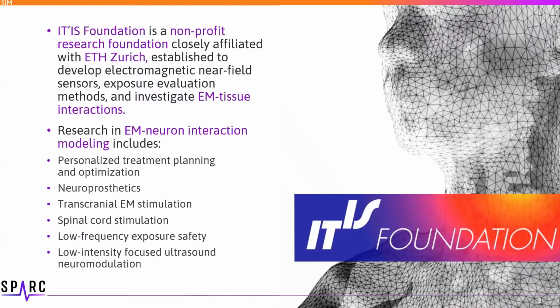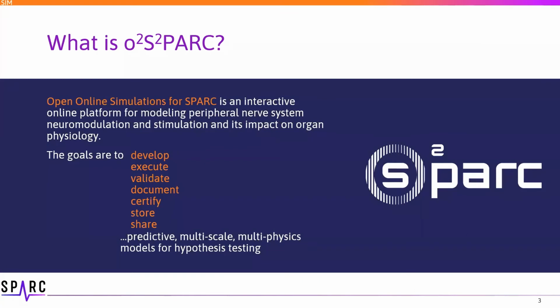So here's a list of some of the most common types of research that we have been involved in regarding EM fields and neural interaction modeling. Because of this existing experience with these areas and their significant overlap with SPARC's goals, we were tasked with creating a suite of tools to enable SPARC researchers to do the same, which brings us to what is o²S²PARC?